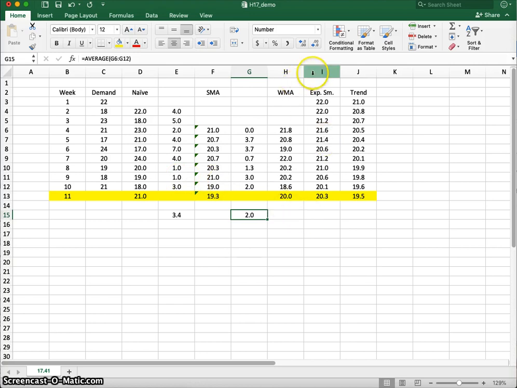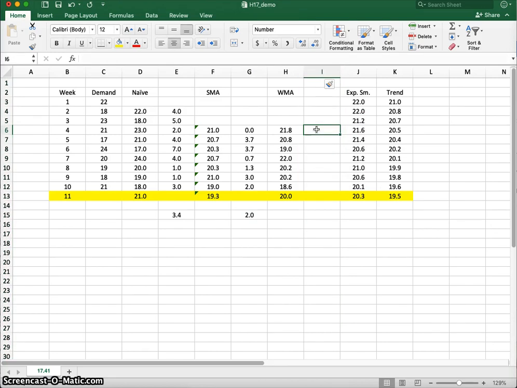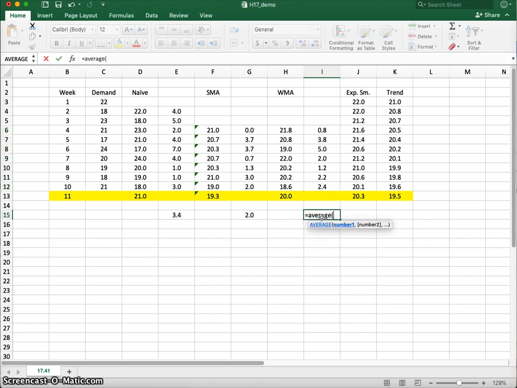So let's do the same thing with a weighted moving average. That's 2.5, so still the simple moving average is more accurate.